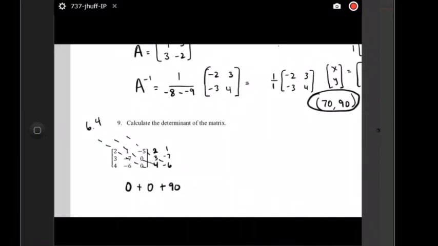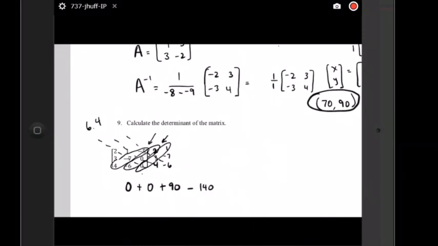Now we have to find these products here. And those ones we subtract. So subtract, and then the first one here, 4 times -7 times -5. That's 35 times 4. That's 140. So we're subtracting 140.